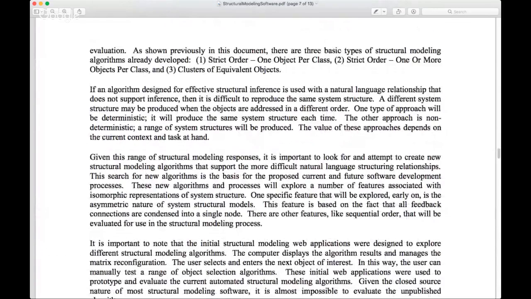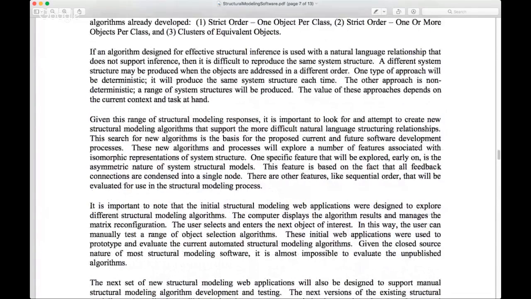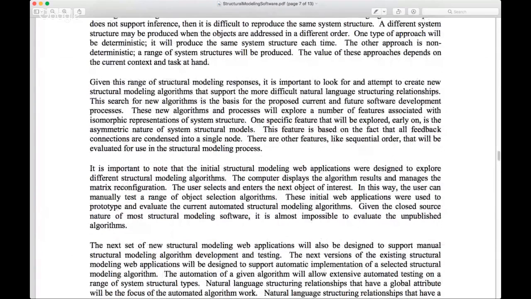Okay. We're going to look at creating a new structural modeling algorithm to support the more difficult natural language structuring relationships. There are some aspects of the structured graphics and the mathematics that we'll check out.